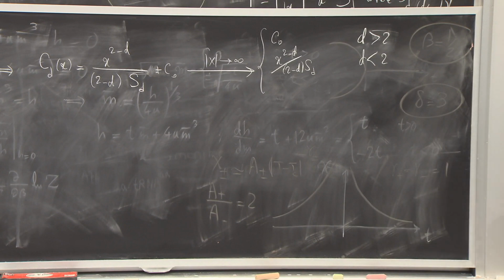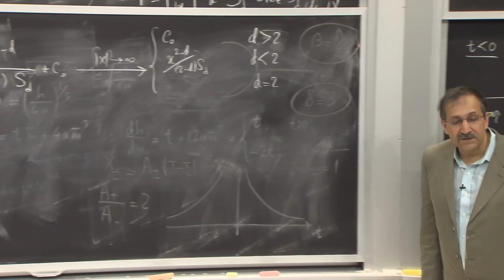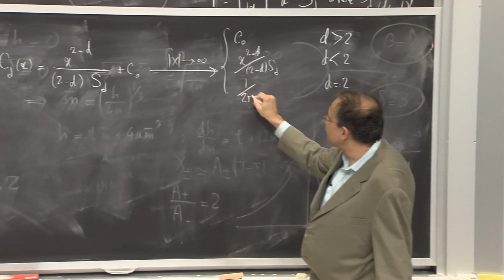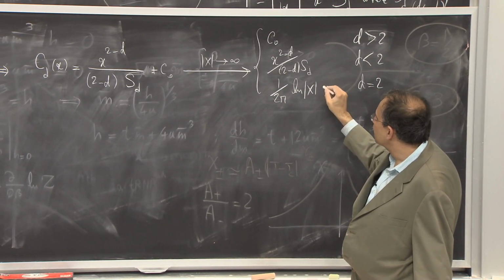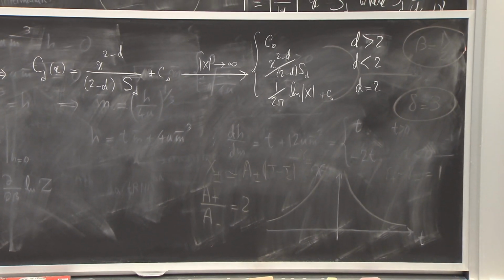And actually, right at the borderline dimension of d equals 2, it also grows at large distances. If you do the integration correctly, you will find that it is 1 over 2 pi log of x over some distance, or plus some c0. Okay?